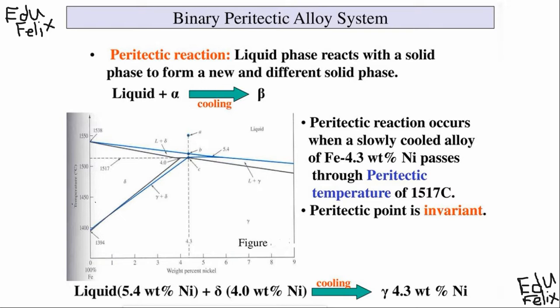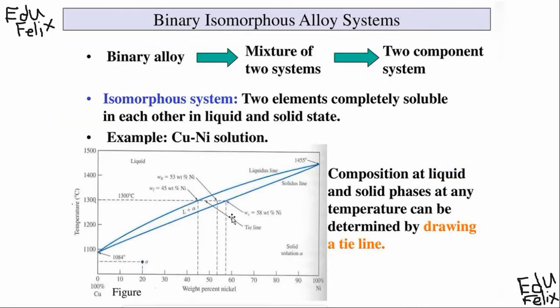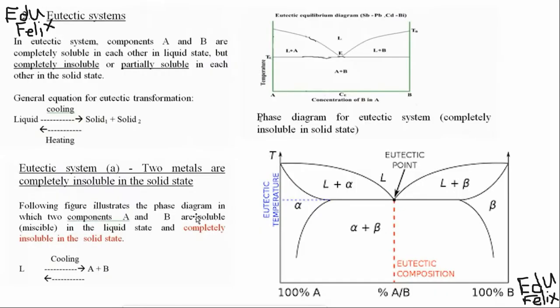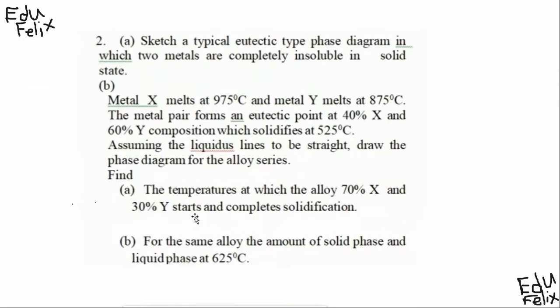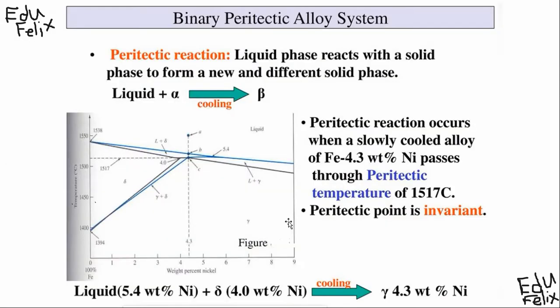This you can easily identify: after this line you have liquid, before this line you have solid, and in between you have liquid plus solid. In this area they form another solid state. It is called peritectic.